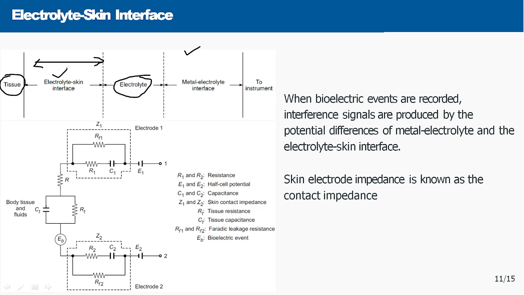We call that the electrolyte skin interface. Then between this electrolyte jelly and the instrument, we have one metal electrode. So, this is another interface. This is your electrolyte electrode interface.